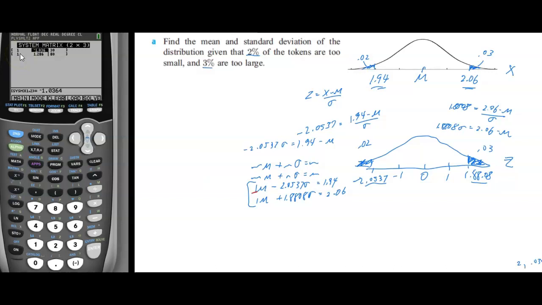Then we're going to put these two coefficients, negative 2.0537 and 1.8808, and then we're going to put 1.94 and 2.06.